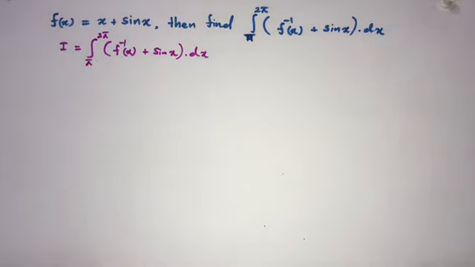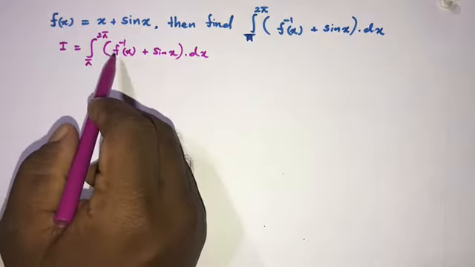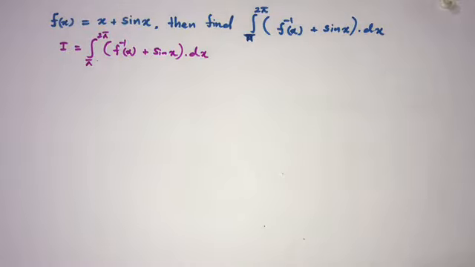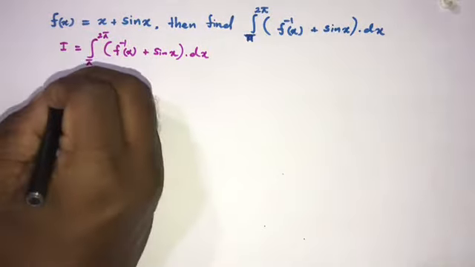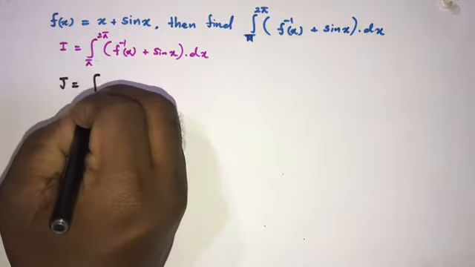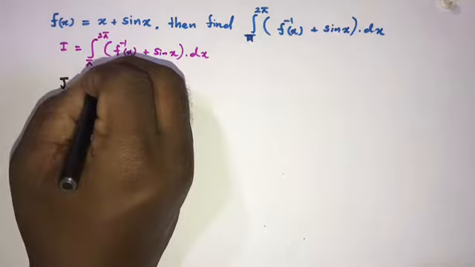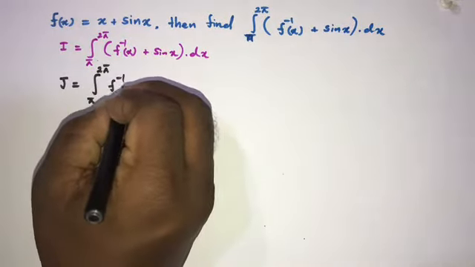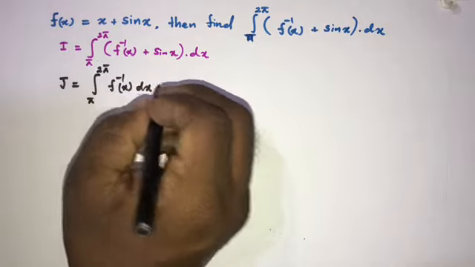Then here we have inverse f of x, so I'm going to define the integral J equal to the integral from pi to 2 pi of inverse f of x dx.